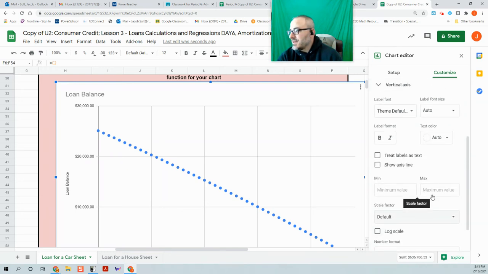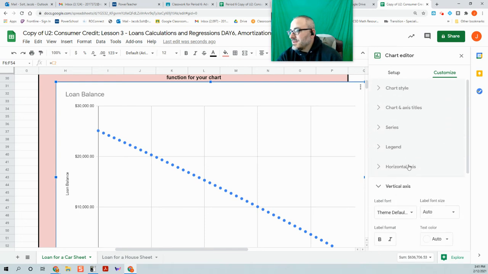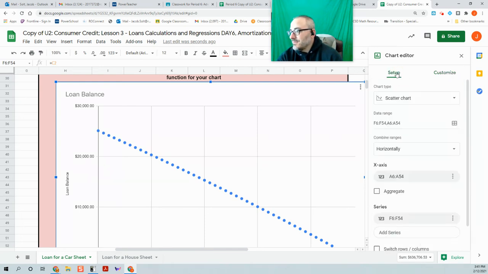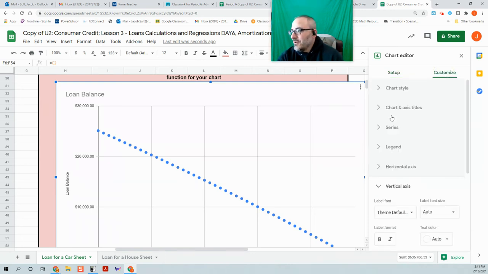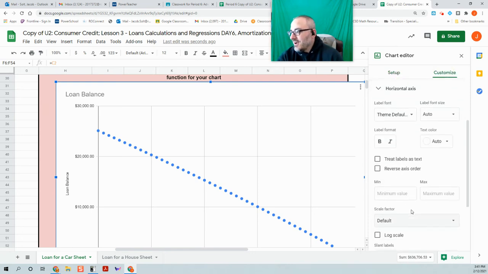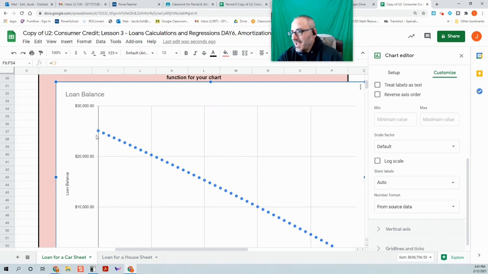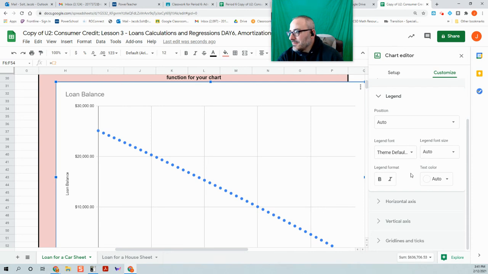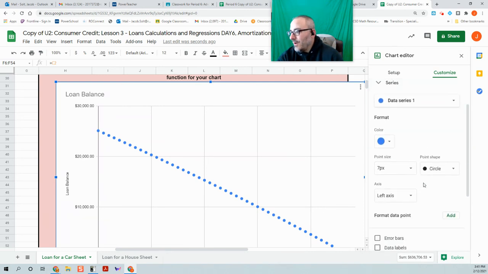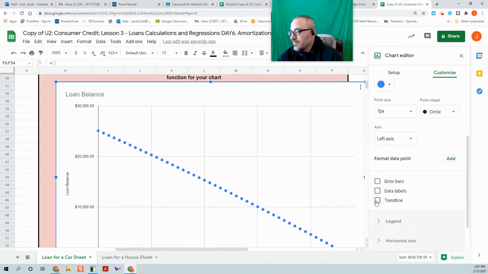Scale factor, min, max. All right. I'm going to stop this video here because I did this once, and now I need to refine where my settings are to do a regression here. I know it's in here somewhere. I just don't recall how I did it the first time. Oh, here we go, trend line.